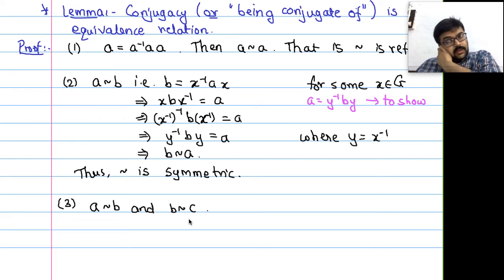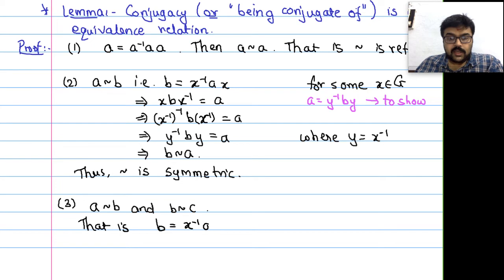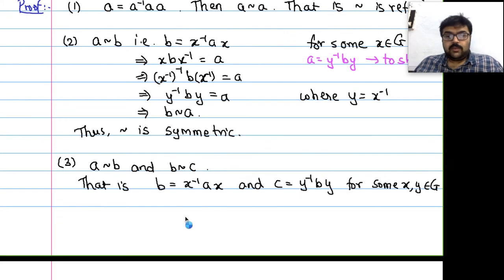Right, this is what we are given, and so that means b equals, we can write, x inverse ax, and c equals, we can write, y inverse by, for some x and y in G.